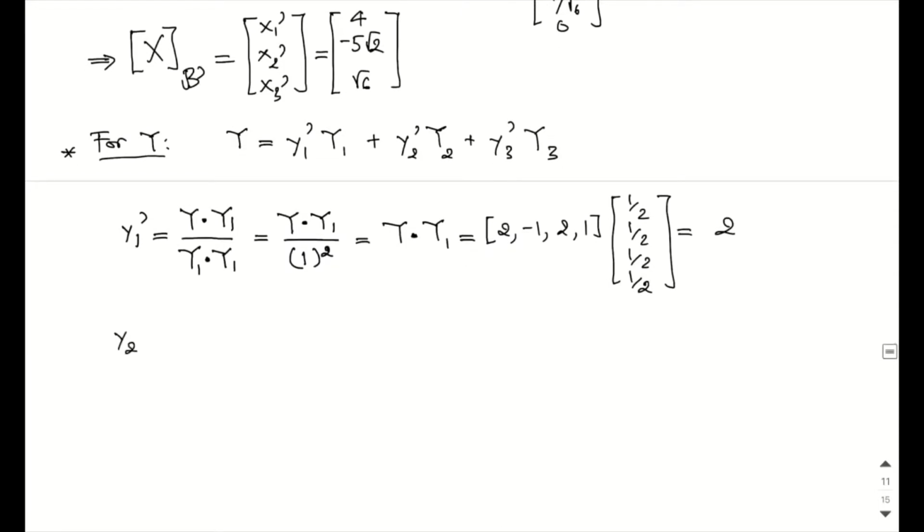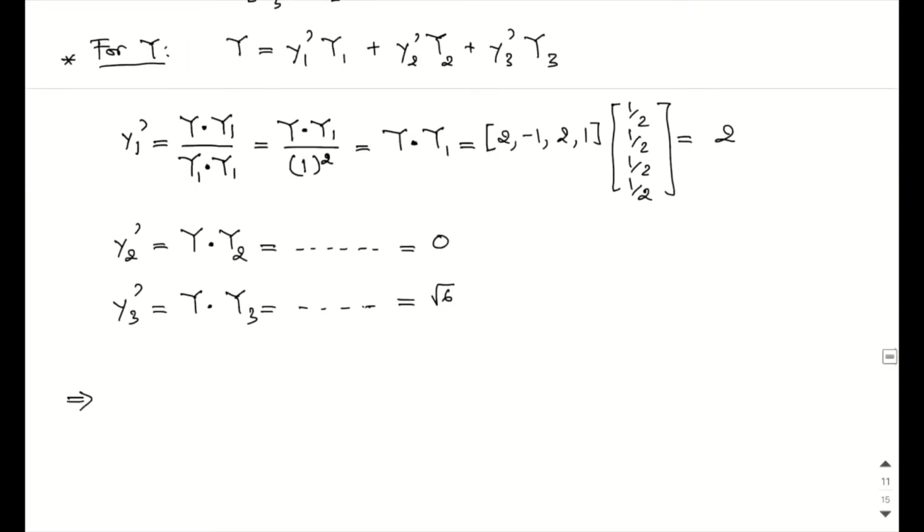Similarly, you are going to get y2 prime is the vector y dot with the second vector in the basis. Straightforward computations is going to give you the value being 0. y3 prime, y dot y3. If you do things correctly, you should be able to get square root of 6.